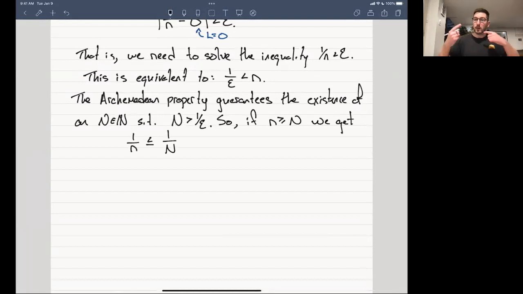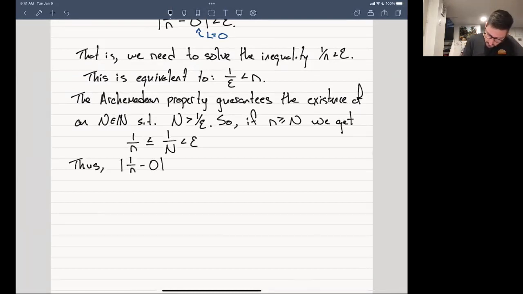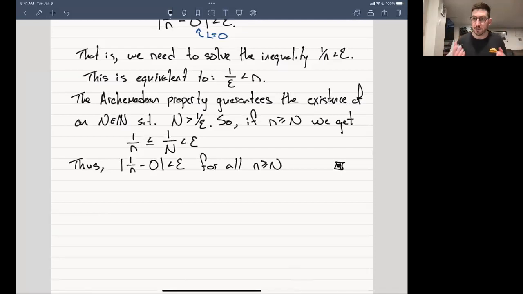So we inverted, so we flip the inequalities, which is smaller than epsilon, which again comes from flipping the inequalities. And therefore, thus, 1 over n minus 0 is less than epsilon for all n greater than or equal to capital N, which proves that we are in fact converging to 0, right?